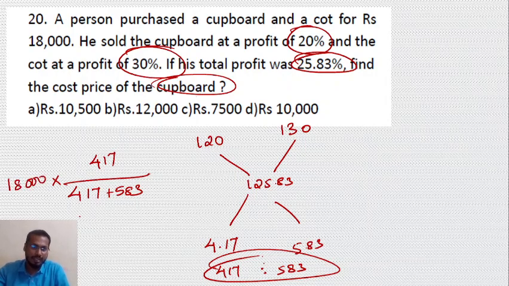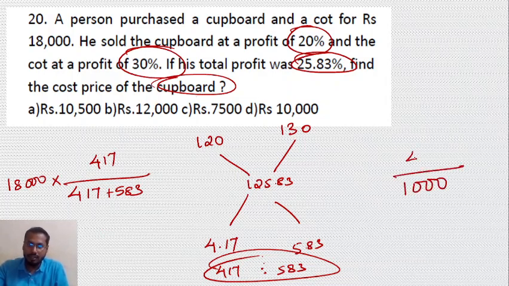So look at this. 417 plus 583, what is that? 583. Oh my god, it was 1000. Very simple.